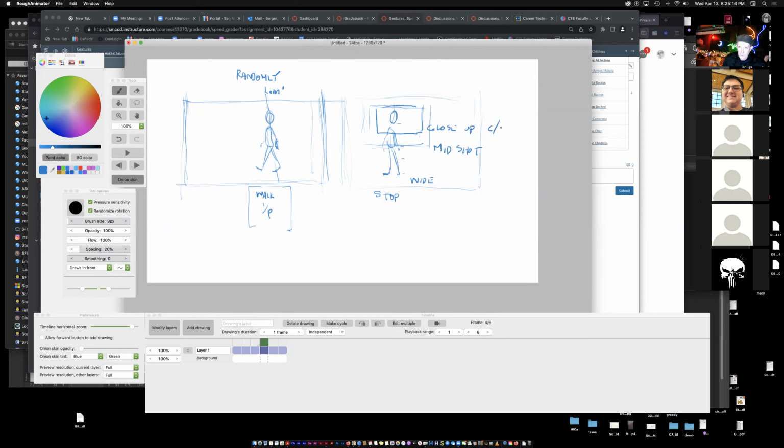Or CU or MS. Sometimes wide is just written as wide. If you have a character where just their face is in the shot, then it's an extreme close up. And we'll talk about all this again next week.